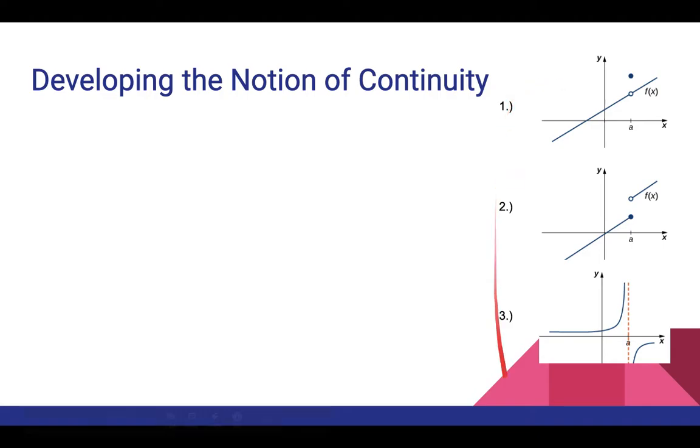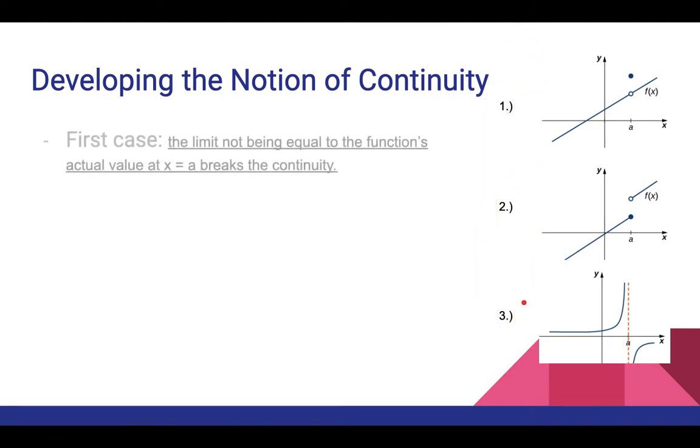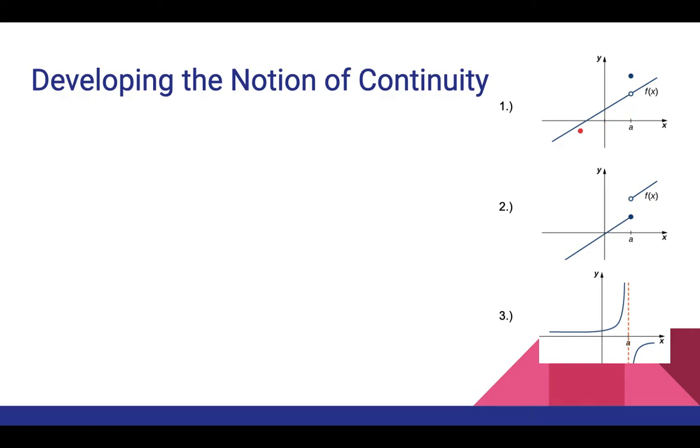So we'll use each of these cases to evaluate what it means for a function to be continuous at a point, okay? So if we look at case 1, we can see that our function is not continuous here because what our function value is at x equals a does not fit in with the trend of our curve, okay? So for something to be continuous, we think of something that has a flow that doesn't break.